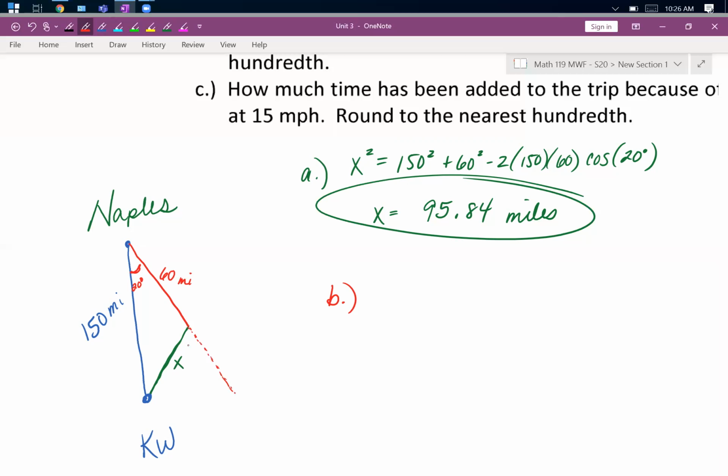So we need to figure out what this angle right here is, because that would tell us how much to turn. I'm going to label this gamma. So how could we figure out what that angle measure is?